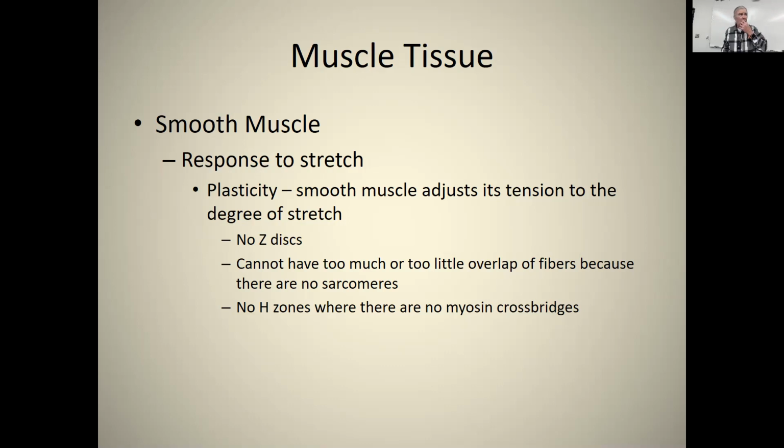So that's why I guess there's no length-tension relationship, because you can't have too little or too much overlap. There's no H zones where there are no myosin cross bridges, so there's myosin cross bridges all through the large filament.